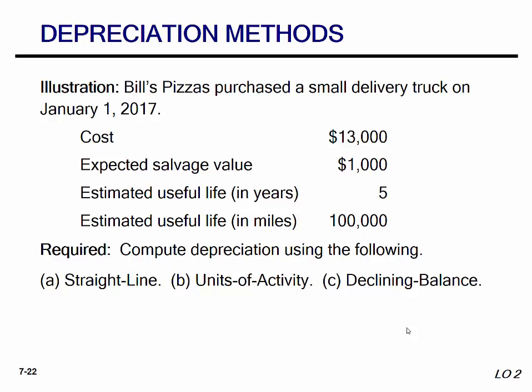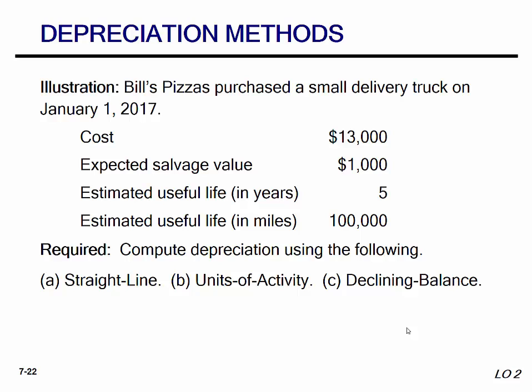We are definitely going to need those two numbers for the method that was listed first, the straight line method, as well as the units of activity method. So method number 1 and method number 3, we have definitely got to grab historical cost of $13,000 and the salvage value of $1,000 for those two methods.